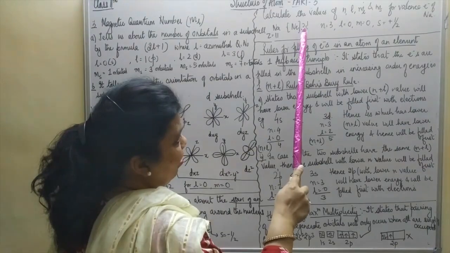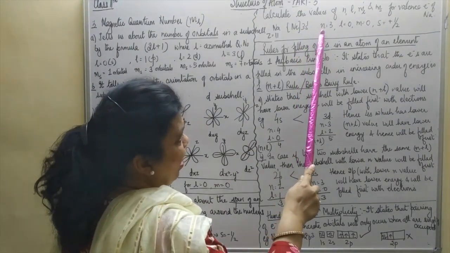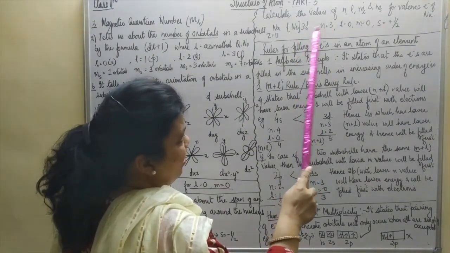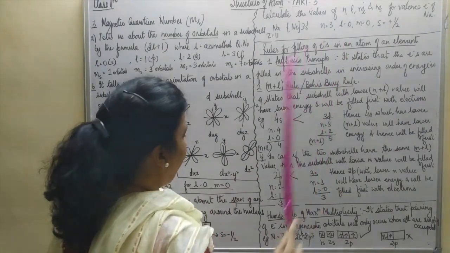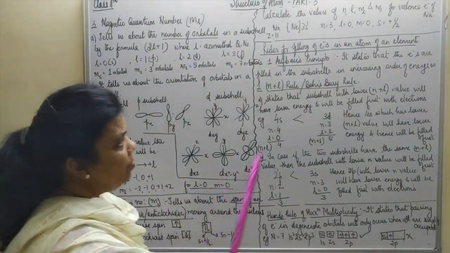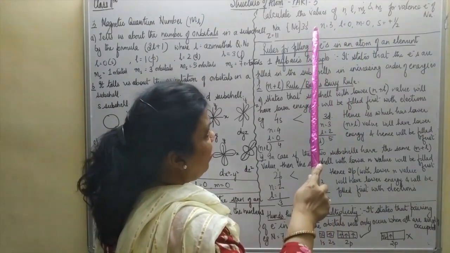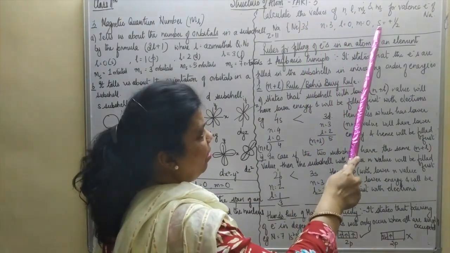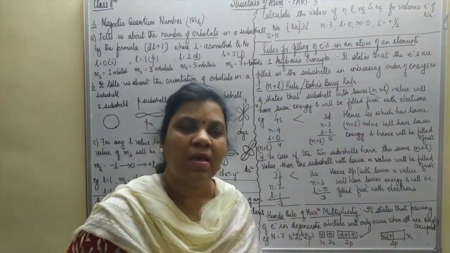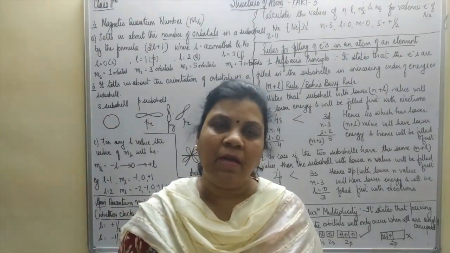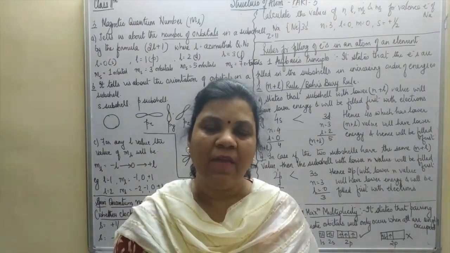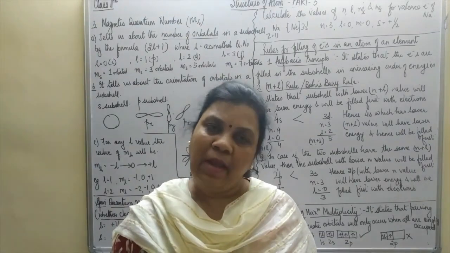If the electron is in 3s, n value will be 3. For s, l value will be 0. If l is 0, m will also be 0. And since this electron is in the upward spin, s value will be plus half. This is how we predict all 4 quantum numbers for any given electron in an atom of an element.